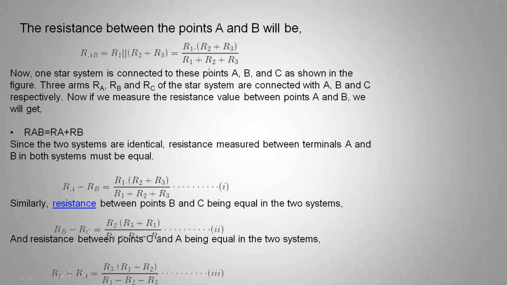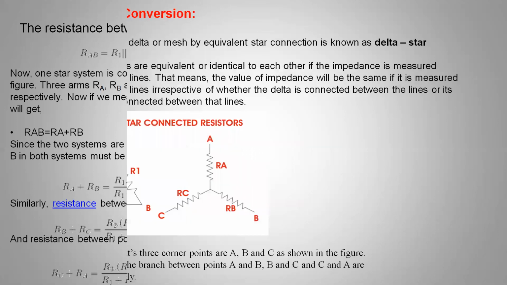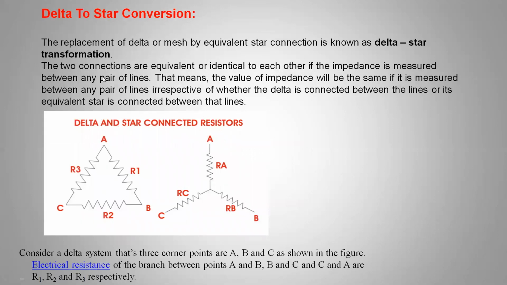Now, one star system is connected to these points A, B and C as shown in the figure. The three arms RA, RB and RC of the star system are connected with A, B, C respectively. Now, if we measure the resistance value between points A and B, please check here.